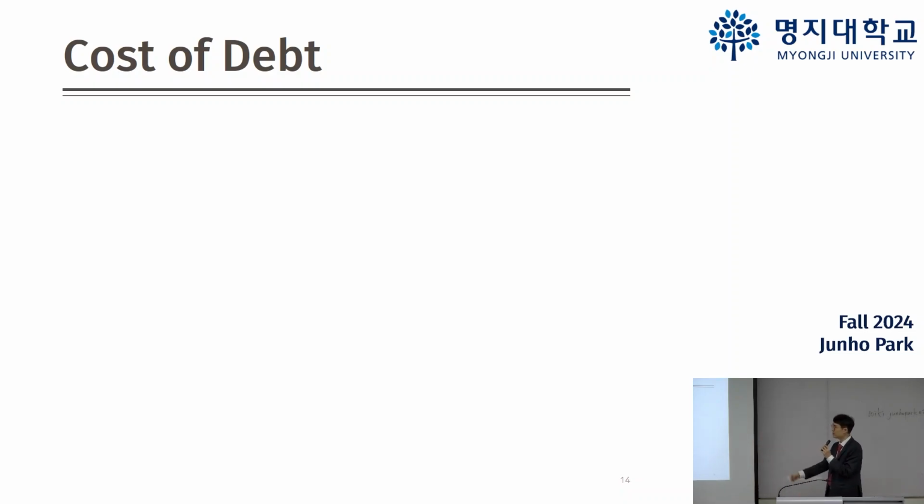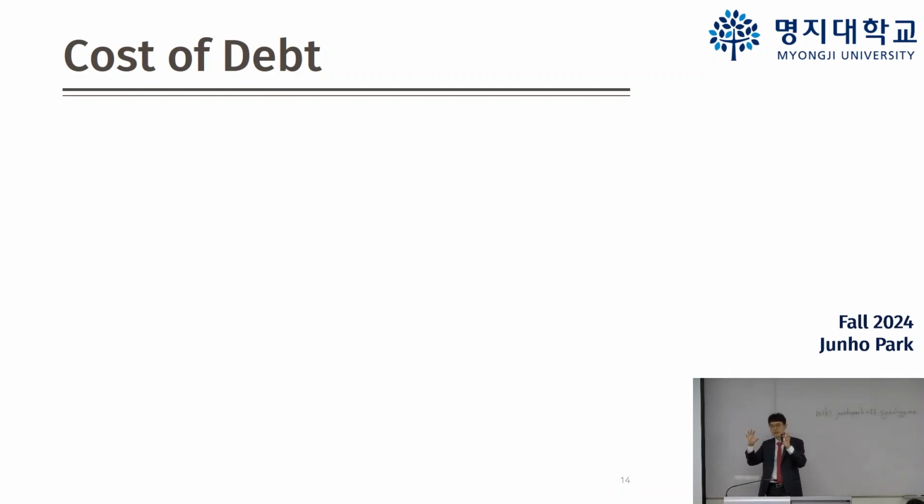And these borrowings will determine the cost of debt. No one will give their money without any charge. So whenever you borrow, you need to promise something back. We call it interest, right? So if you borrow some money from the bank, you not only pay the principal at the end, but at the same time, you are required to give certain interest to the bank.